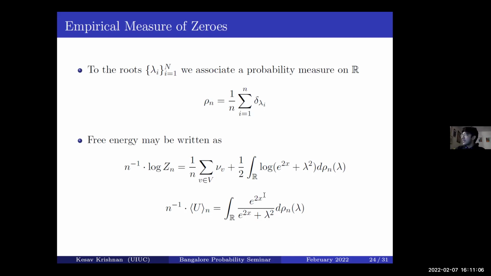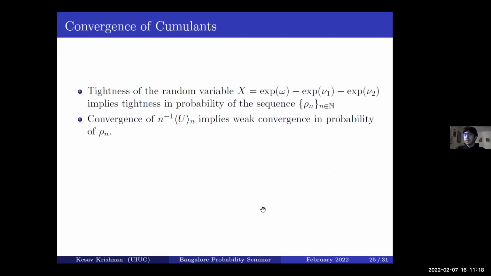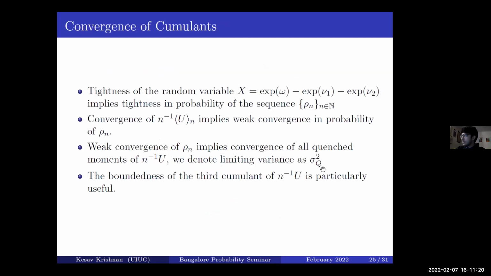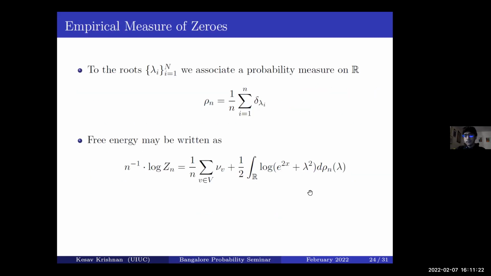The average number of unpaired vertices, in other words the constant little u, is the limit of the integral of e to the 2x over e to the 2x plus lambda squared. And this quenched variance sigma q squared will be the limit of the derivative of this function.